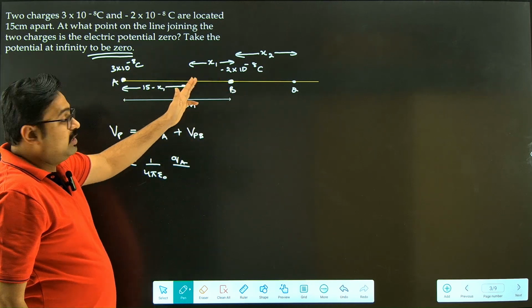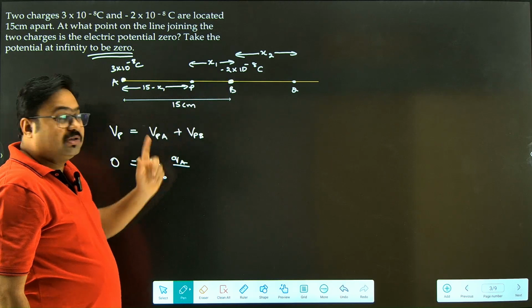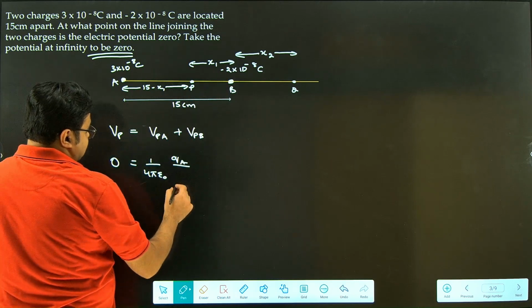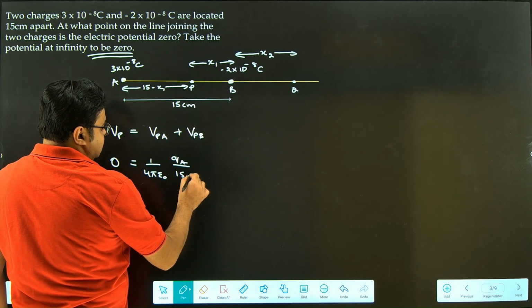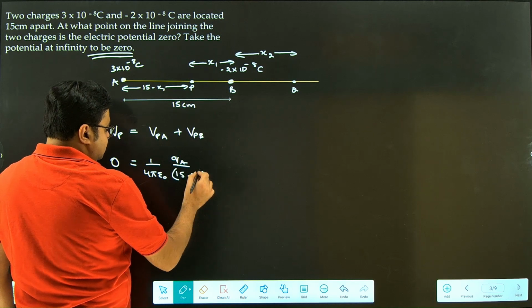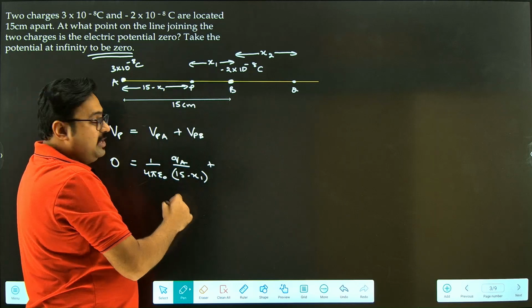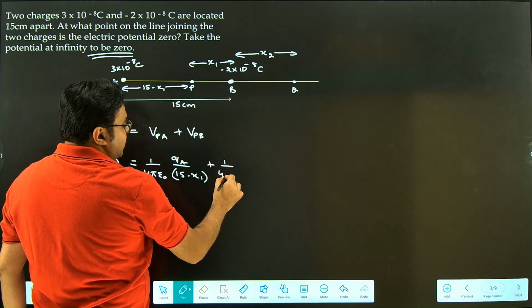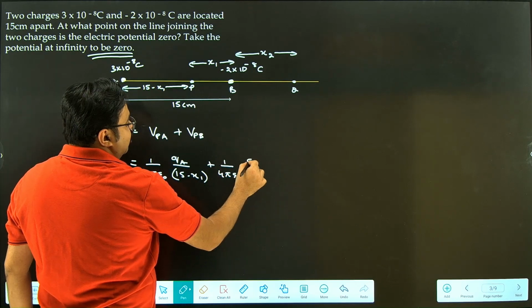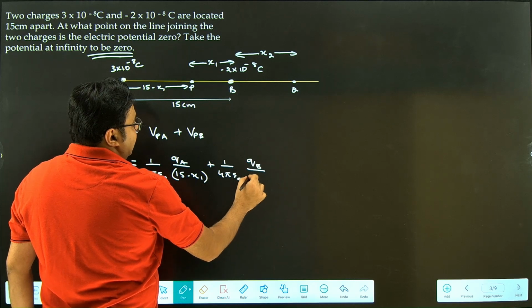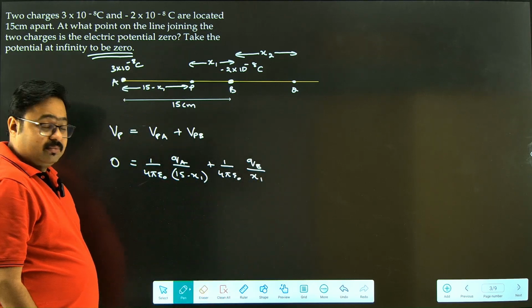From here to here, it would be 15 minus x1. So the total distance is 15 centimeter. I shall write 15 minus x1, plus the potential at point P due to B, which would be equal to 1 divided by 4 pi epsilon naught QB divided by x1. That's how you would do that.